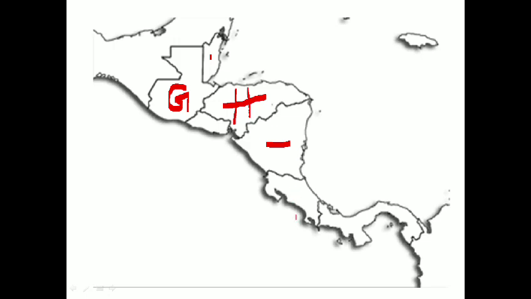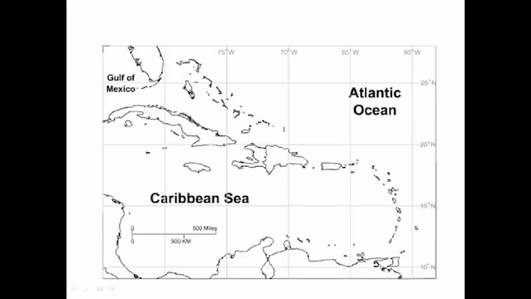Next we have this part, Costa Rica. Then we have Panama. So finally Panama ends up getting connected to Colombia, a country of South America. So this is what we call the isthmus part, or the tail part of North America.